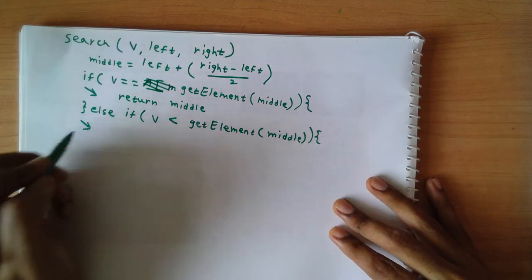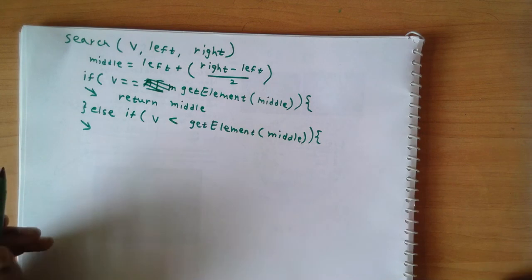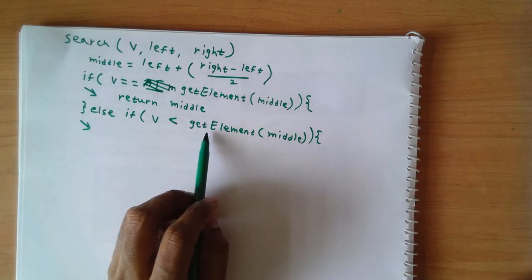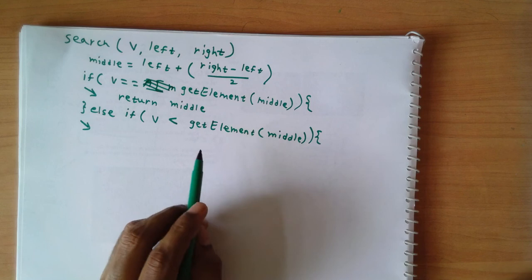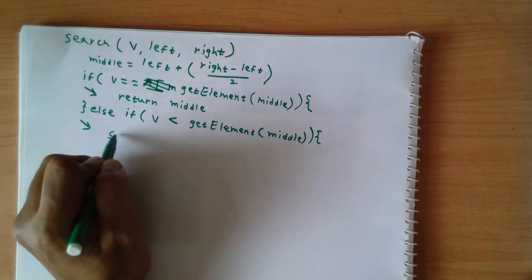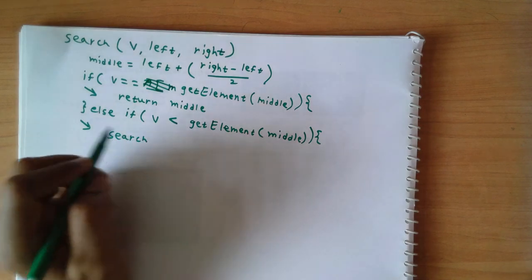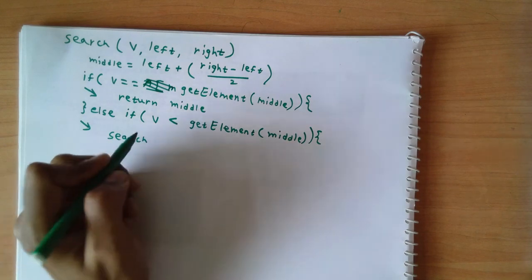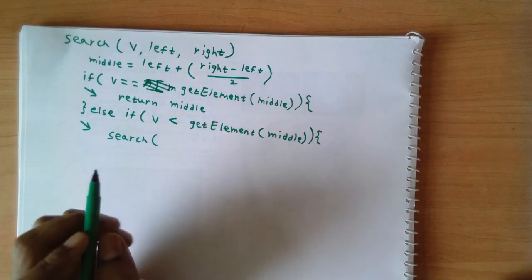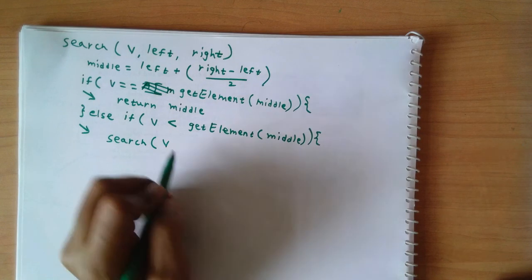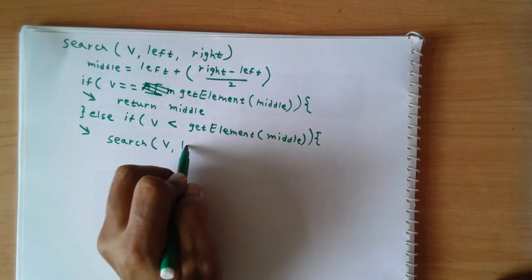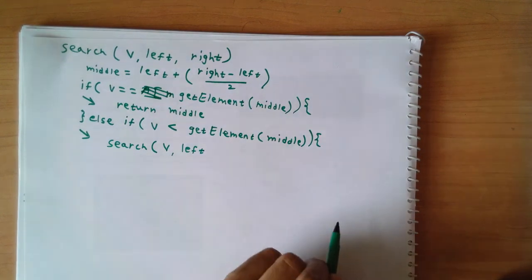in that case, what should we do? The value that we are searching for is less than the middle element, then we should search in the left. So now I'm going to have a recursive call for my search operation, and I'm going to search for value v. Yes, my left will still remain the same, it will not change.